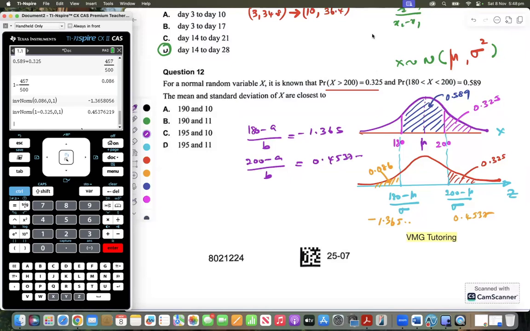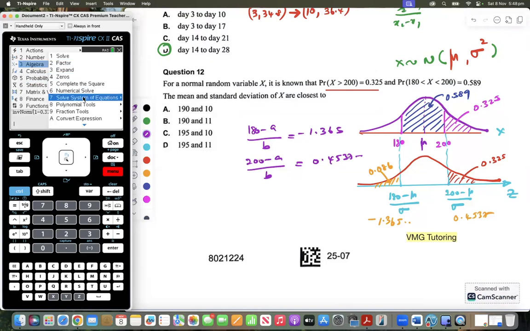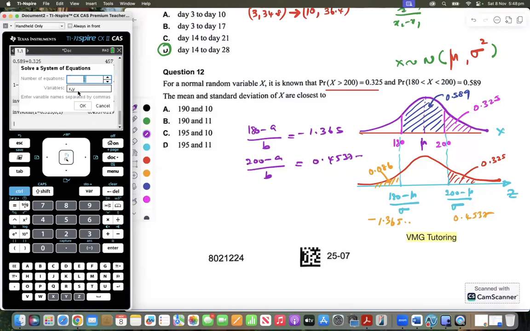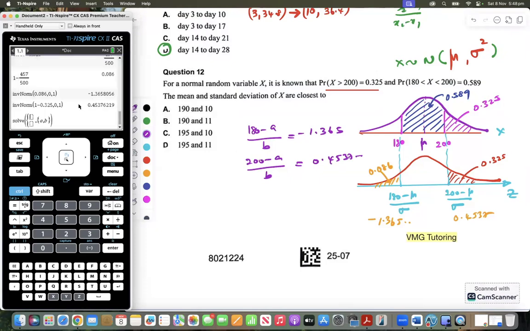Or if you want to do this in one go, actually, you can use menu, algebra, solve system of simultaneous equations. I'll use A and B here. A comma B, two equations. So this is the inverse normal value, and this is the second inverse normal value.